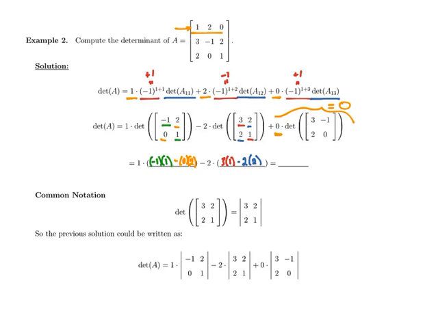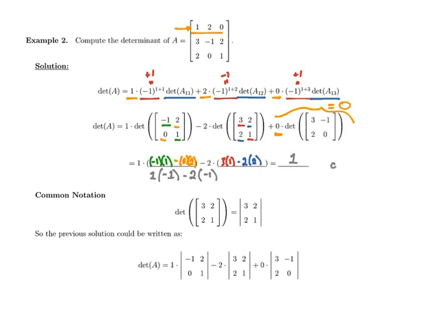So we don't need to include it in our calculation. And then doing this calculation, we have 1 times -1 minus 0 is -1, minus 2 times 3 minus 4 is -1. This will be a -1 plus 2, which is a positive 1.